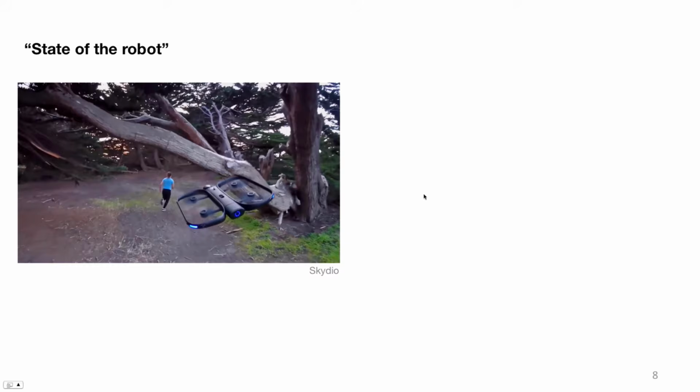Okay, another very basic thing that I want to make sure we're all on the same page with is, when we talk about perception, it's a little bit different from a very control-focused way of thinking about the world. So we have a quadrotor here. This is from Skydio, which was founded by a bunch of MIT people, and we like them. It's a very impressive robot.